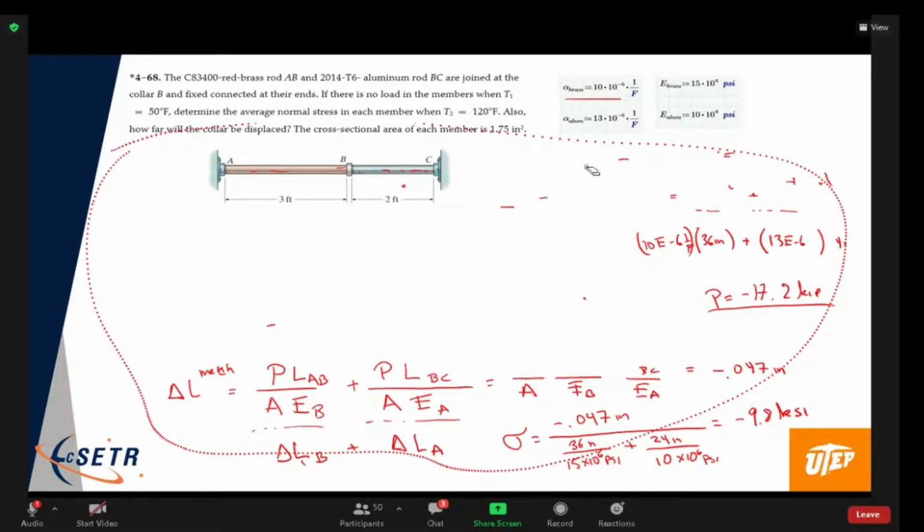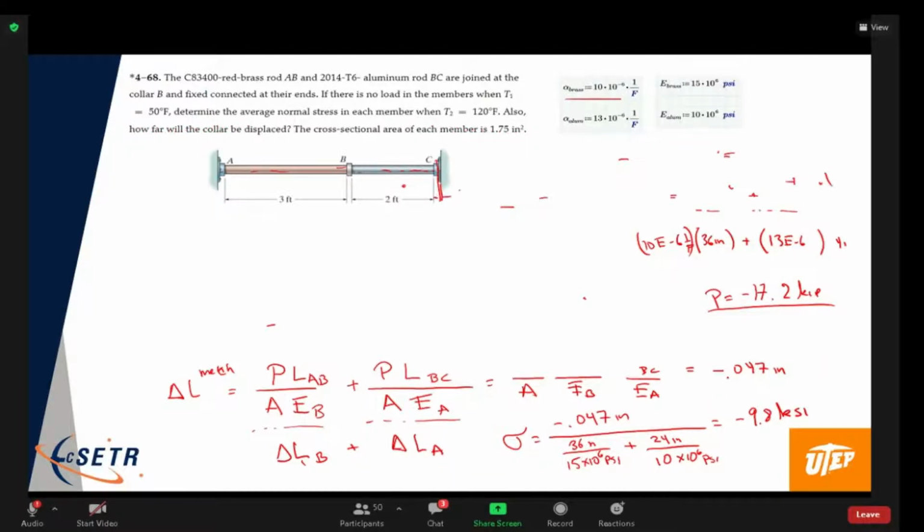All right. So they might give you one where there's an initial gap here, delta. In that case, remember, the measured change in length equals the change in length from the mechanical part, the part that gives you the stresses, plus the change in length due to the free thermal expansion.